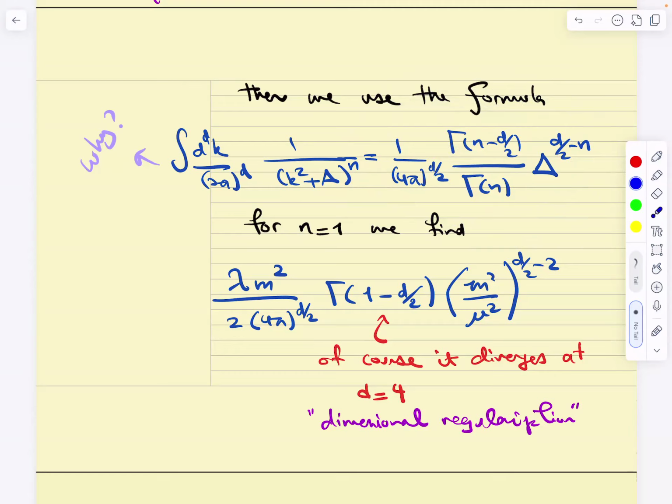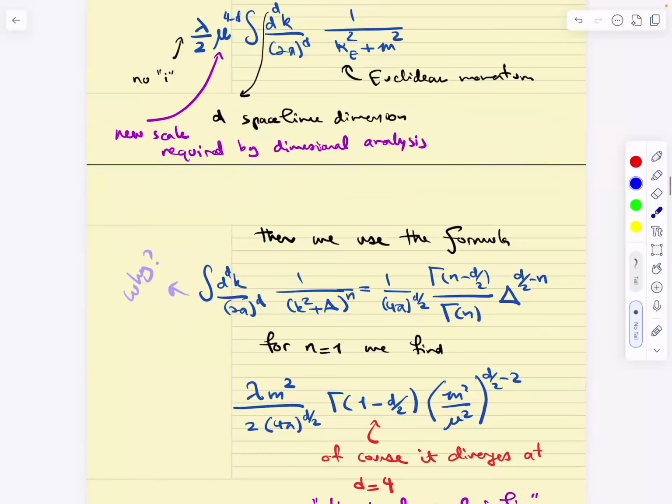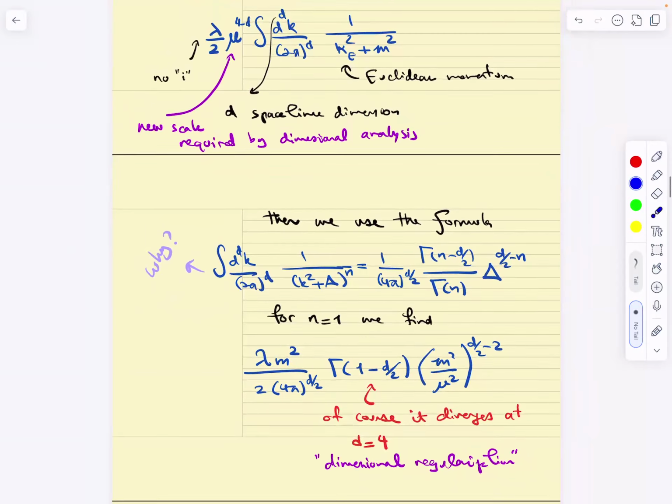Where in our case, n is equal to 1. So what do we find? We find lambda over 2, M squared over 4 pi to the power of d over 2, gamma of 1 minus d over 2, m squared over mu squared, d over 2 minus 2. Why is that?